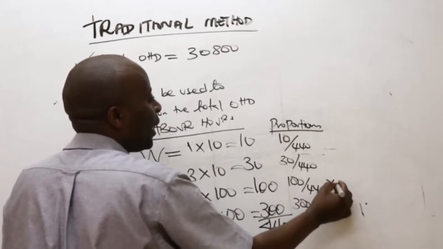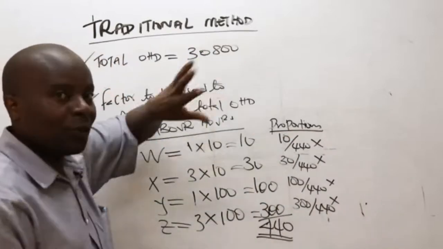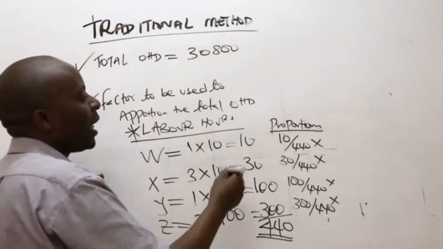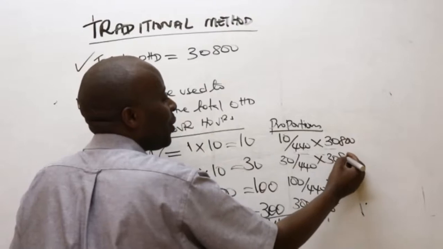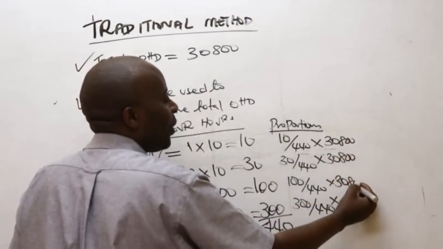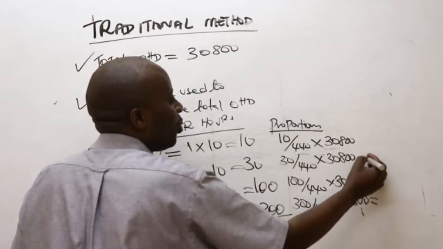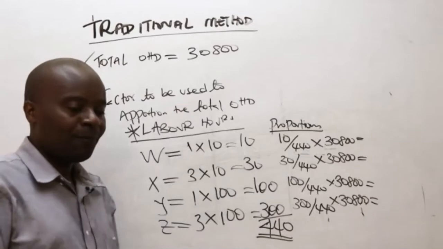Now multiply this with the total overhead, the lump sum for the organization, which is 38,800. We are apportioning the 38,800 using labor hours. Will you kindly give us this figure to 2 decimal places?